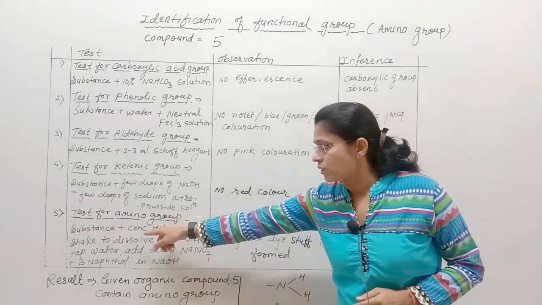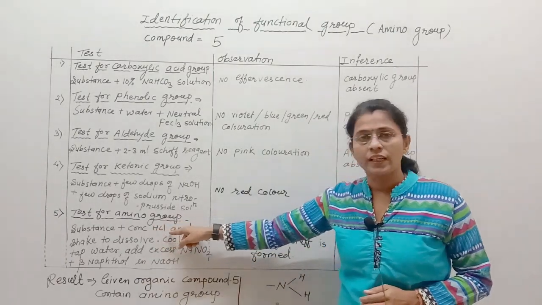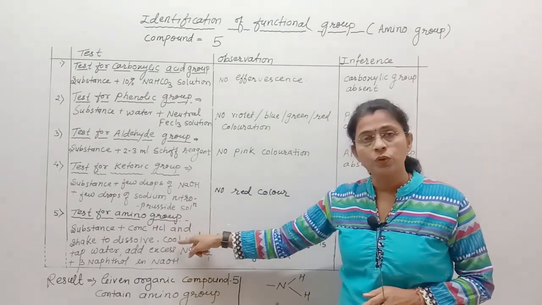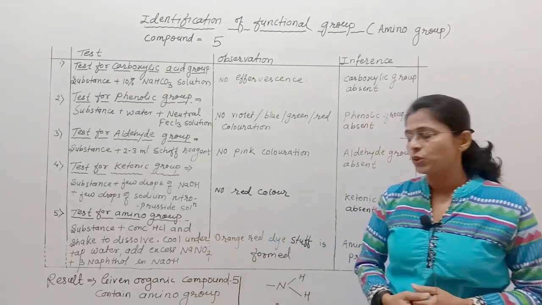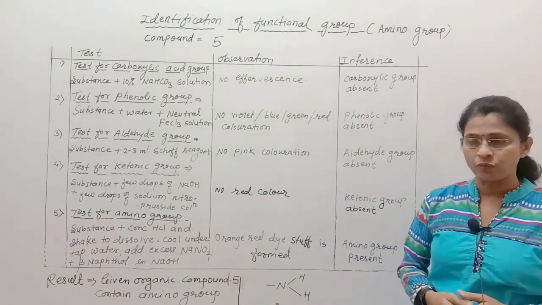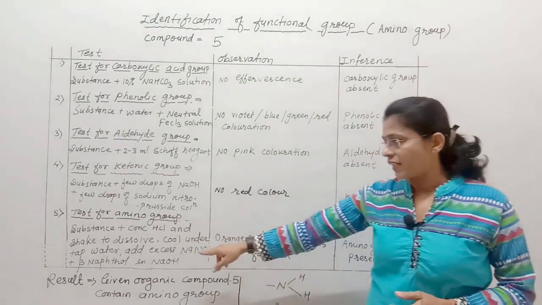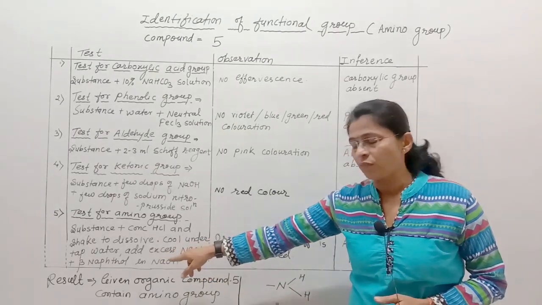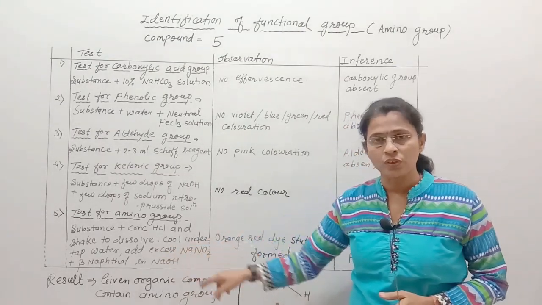But to substance, when we add concentrated HCl and dissolve the substance, then we cool the substance in ice cool water or under tap water. To that we add excess sodium nitrite and beta naphthol in NaOH solution.